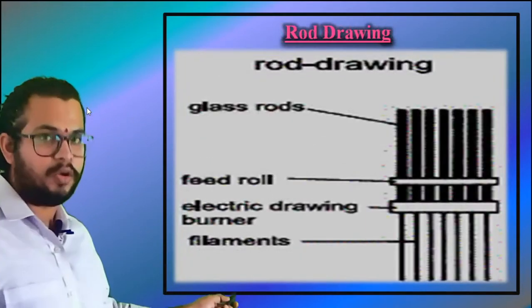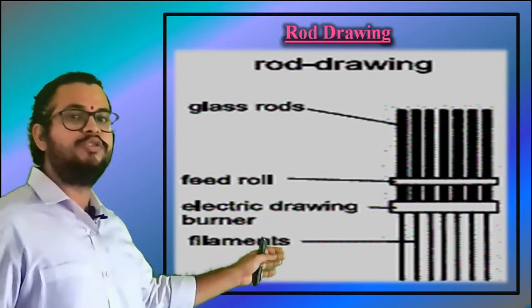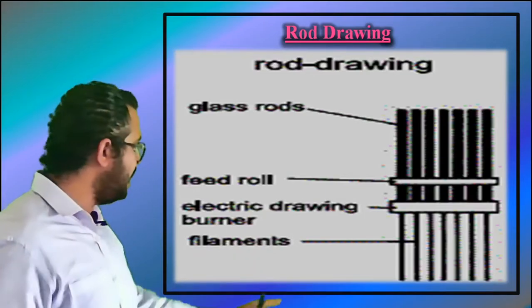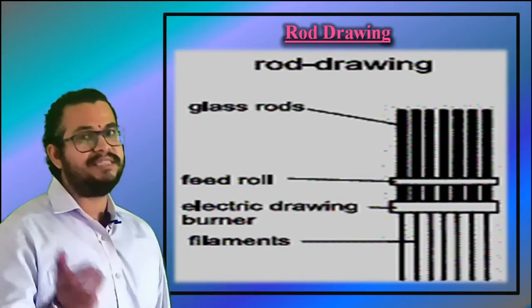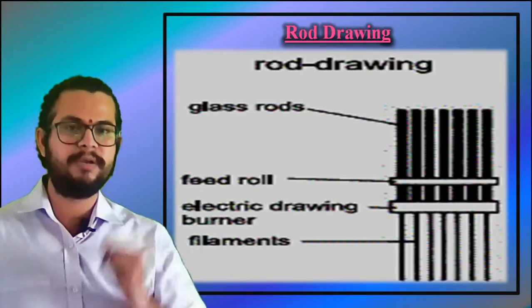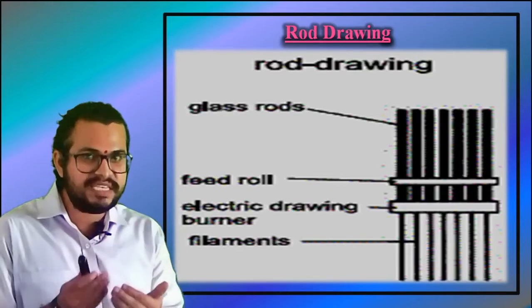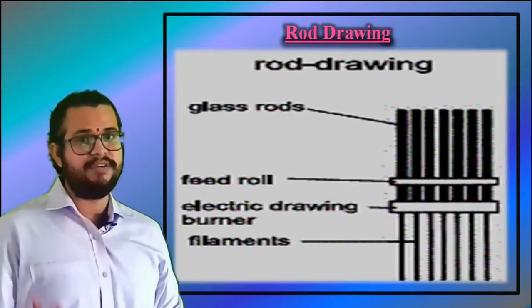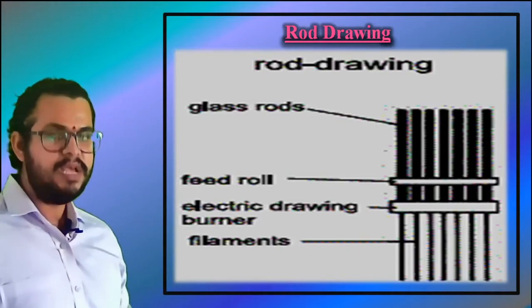The next one is rod drawing. As can be seen in the figure here in the slide, by means of a burner, bundles of glass rods are melted at their bottom ends, as you are observing here. This results in drops, which as they fall down, draw filaments after them like this, a small filament. And all these filaments are taken by a rotating drum, a squeegee, laying them down onto a perforated belt. Thus, a dry web is received, which can be wound as glass fiber slivers.